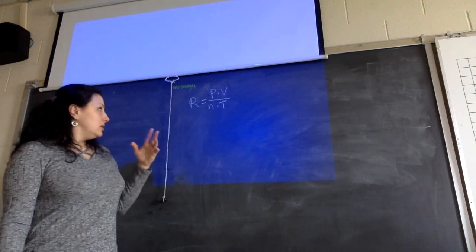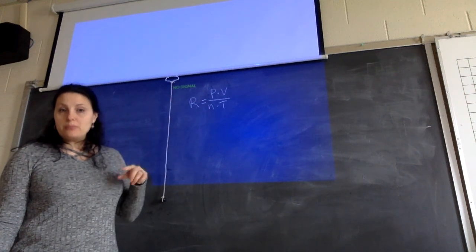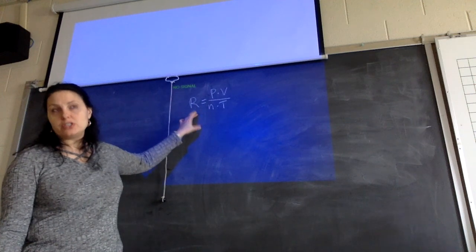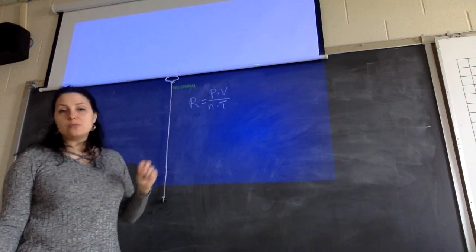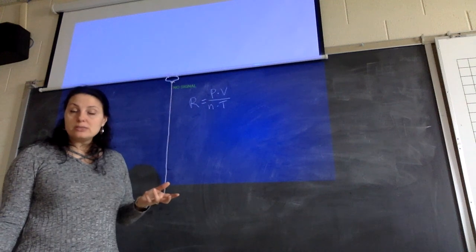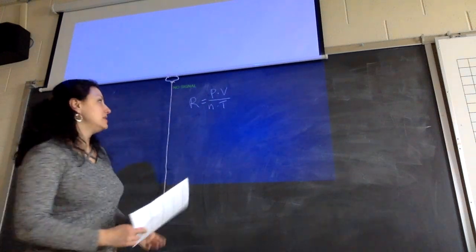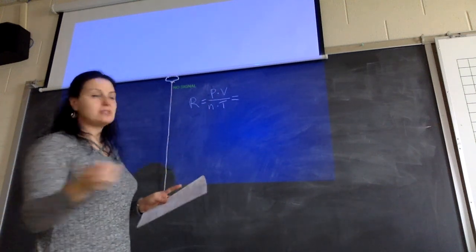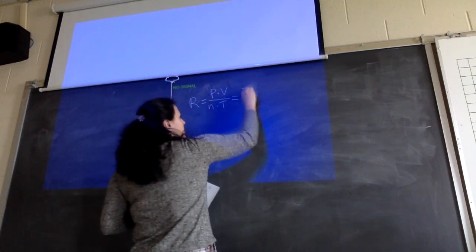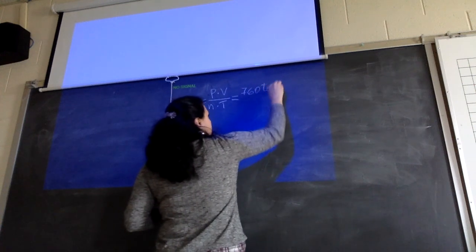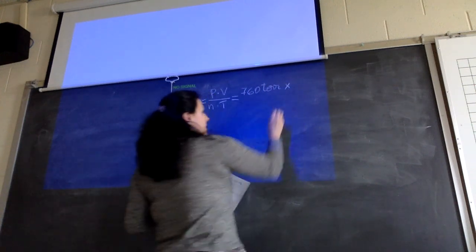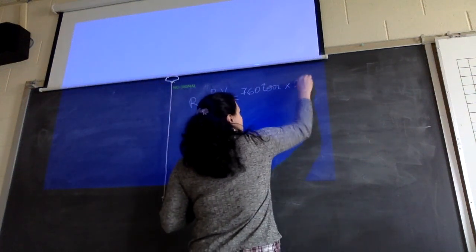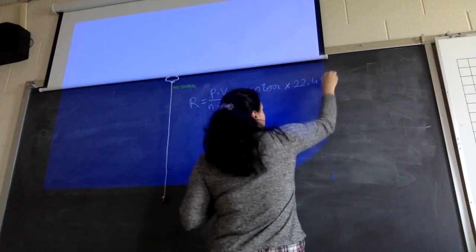And I know that this is standard temperature and pressure conditions. My standard pressure is 1 atmosphere. How many torr in 1 atmosphere? 760. So I'm not going to express the pressure in atmosphere. It's going to be 760 torr multiplied by the volume, which is 22.414 liters.